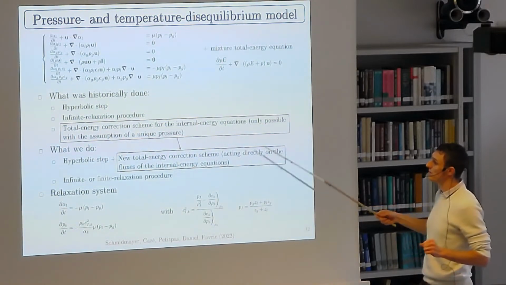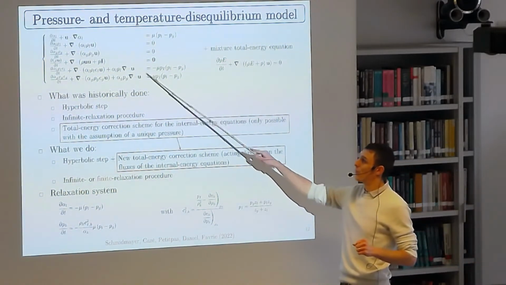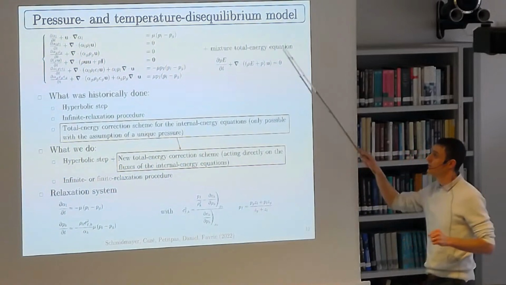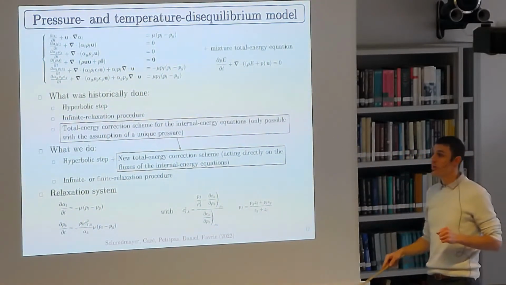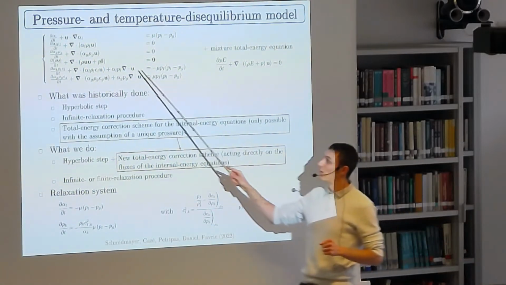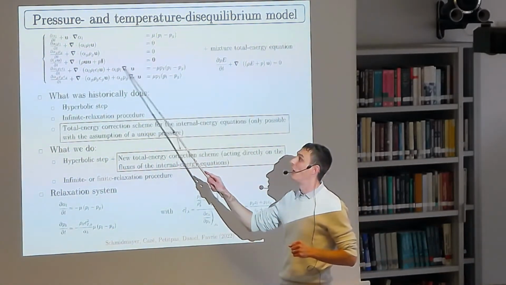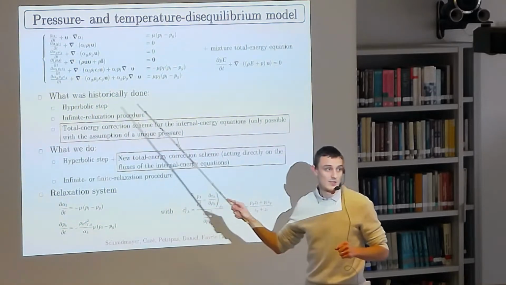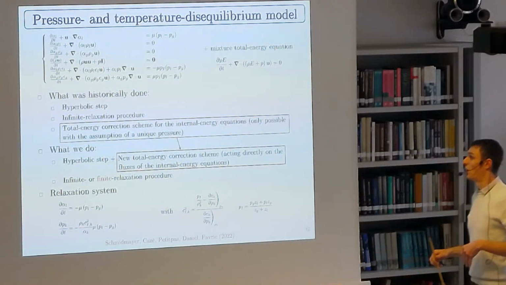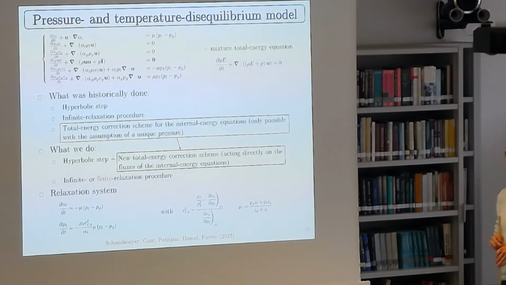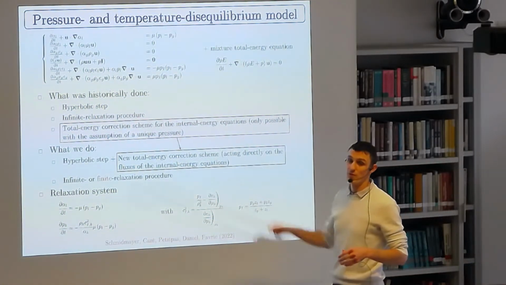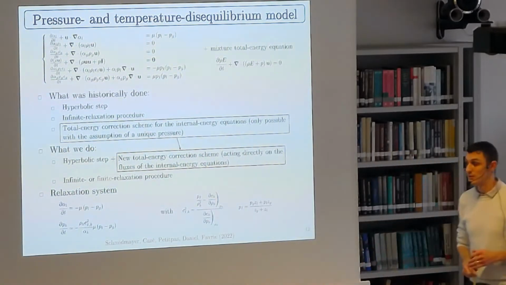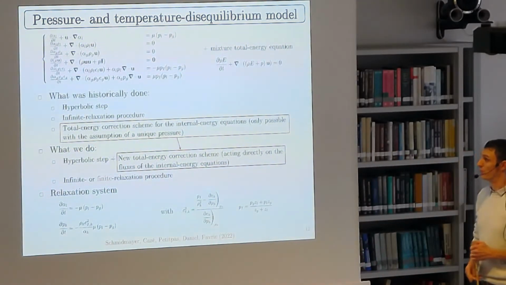What I mean by this is we have our 6 equations, but we always solve an extra one, which is the mixture total energy, because as you can see, these internal energies have non-conservative terms, and so you cannot assure numerically that this will always be perfectly conserved.